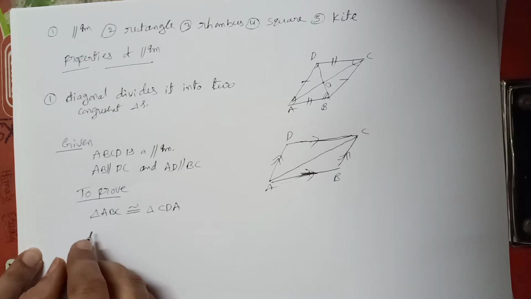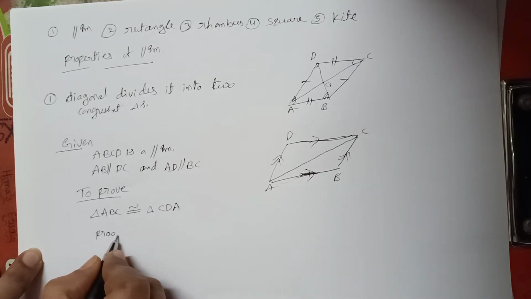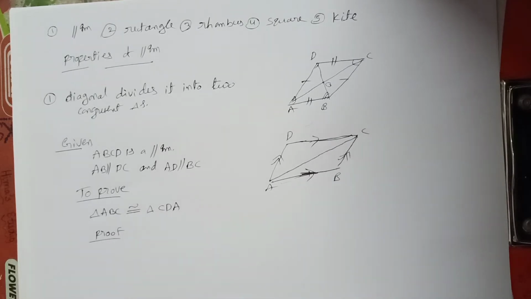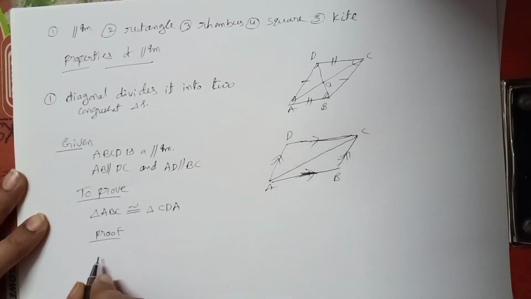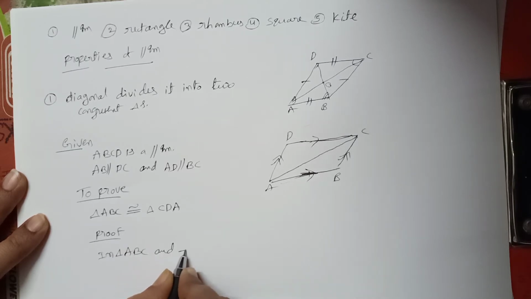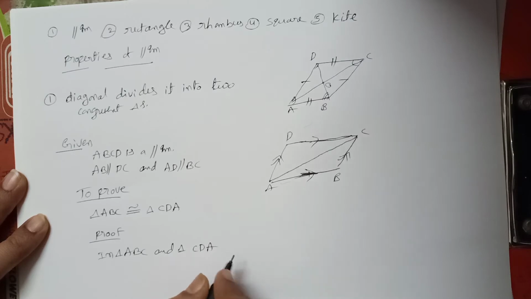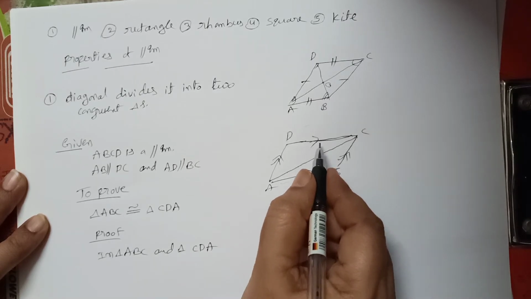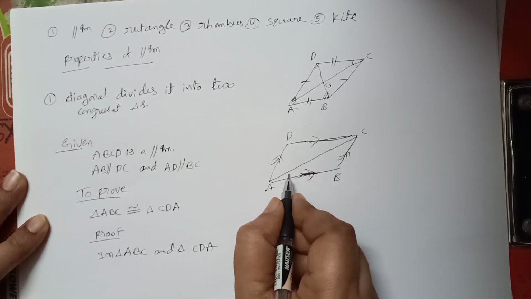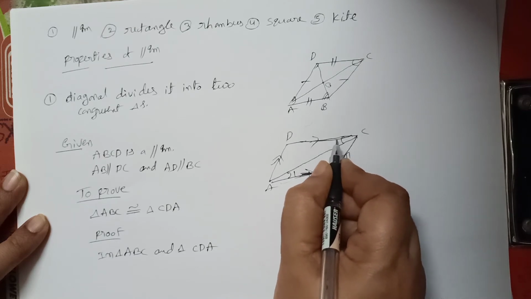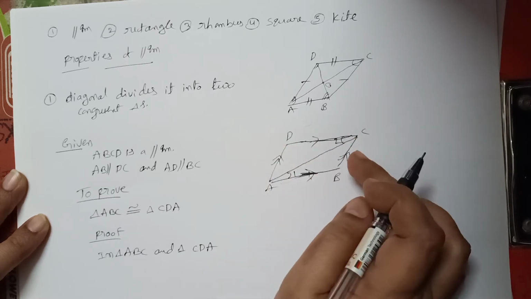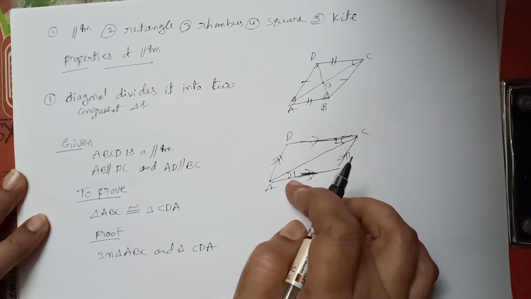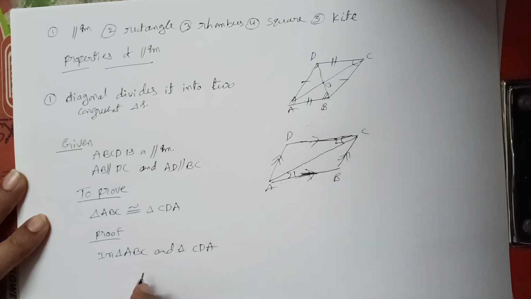Now, see the proof. In triangle ABC and triangle CDA. Here AB parallel to DC. Then angle, this is angle 1, this is angle 2. Angle 1 is equal to angle 2. What is the reason? AB parallel to DC and AC is a transversal. Then angle 1 and angle 2 are the alternate interior angles.